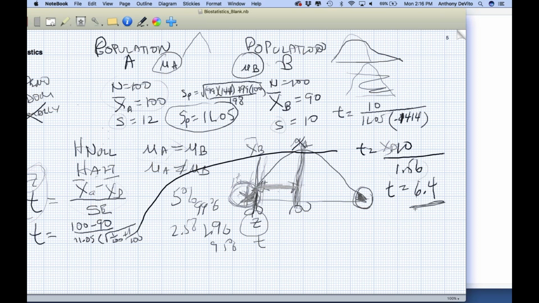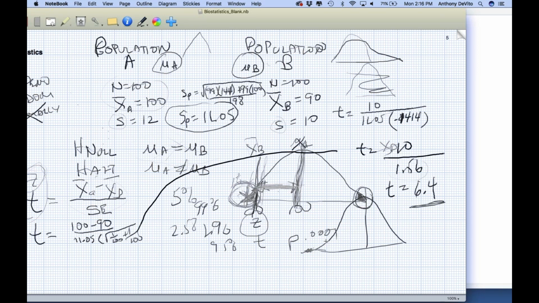They're so far apart. Here's one mean. The other mean is 6 standard deviations away. It's so far apart that the probability that you would get these samples from two populations with the same mean is super, super small. Let's call it 0.0001.